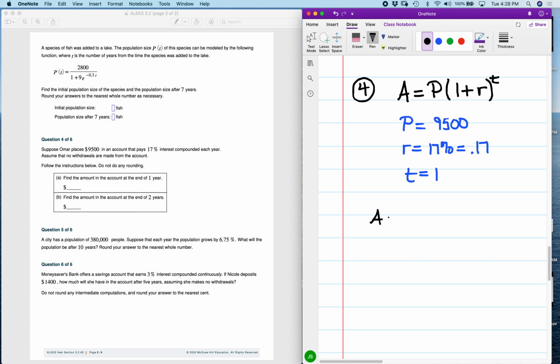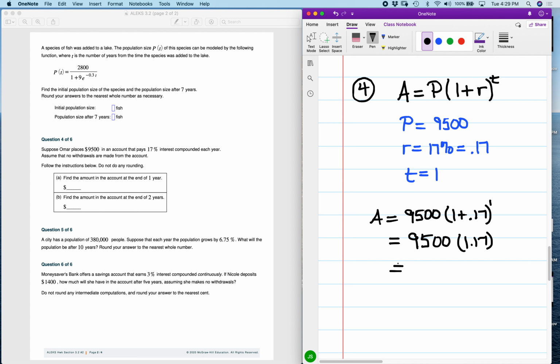So filling in, we're going to have 9,500 times 1 plus 0.17 to the first, and 9,500 times 1.17.